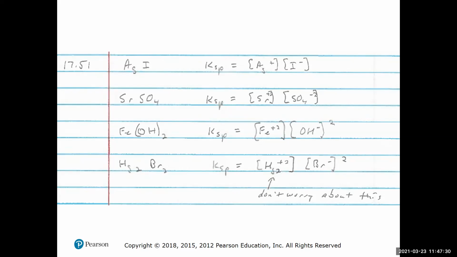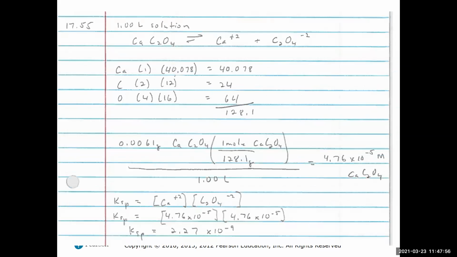And finally, the third one, iron hydroxide, you have iron 2+, and then hydroxide. Because there are 2 moles of OH going with that iron to make the charge balance, you have to square the hydroxide. So once again, writing those kinds of expressions is very similar to what we did before. If you wanted to write out the whole equation, you certainly could. But make sure you're comfortable writing those kinds of expressions.